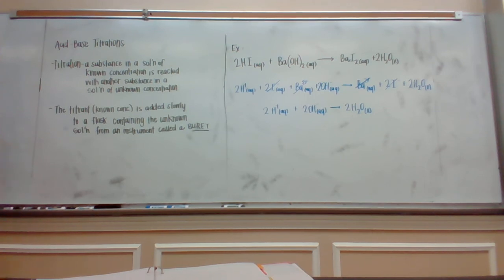Most of your graduated cylinders in lab have anywhere from a 1 mL to a 5 mL error. With a burette, it's like a 0.001 mL margin of error. So it's a very exact instrument to use.